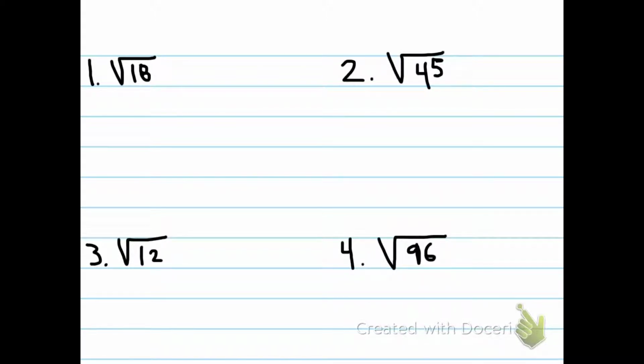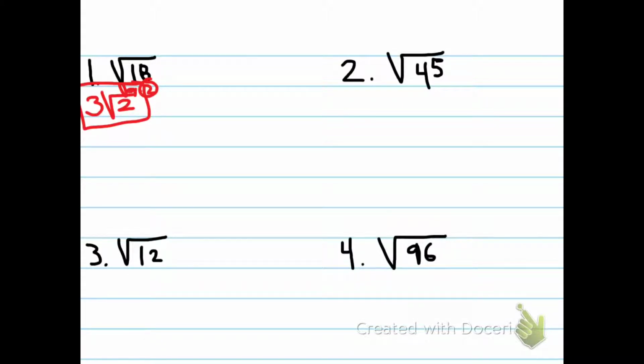For number 1, we look for factors that have a perfect square in it. 9 times 2 is the first one that comes into my head, and that's the only one. The square root of 9 is 3, so you take 3 and put it on the outside, and then 2 is left, so you put that on the inside. So your answer is 3 root 2.